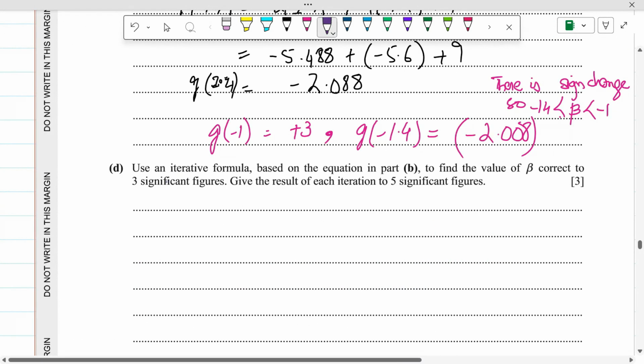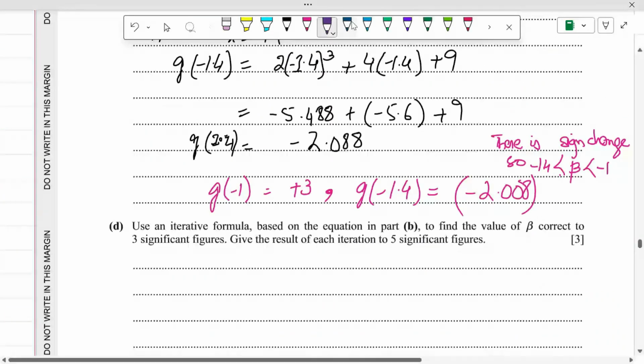Now, part D: use an iterative formula based on the equation in part B to find the value of beta correct to three significant figures. Give the result of each iteration to 5 significant figures.